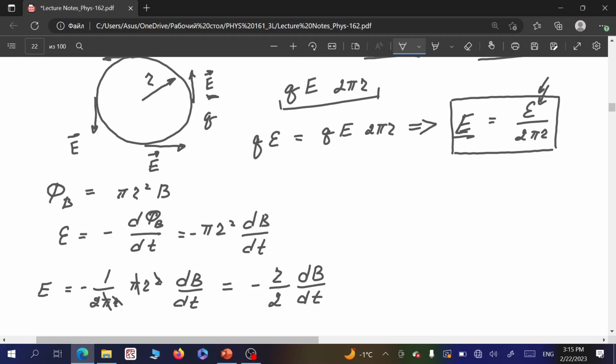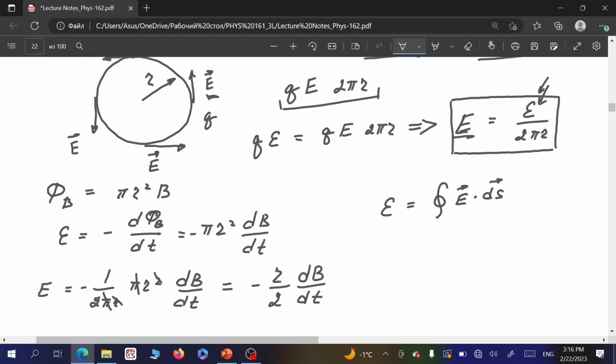What we can write here is that in the general case, if the electric field depends on position, so we don't deal with a uniform electric field, and it could be any type of closed loop which we consider, not just a circle, then the electromotive force will be equal to the line integral over the closed loop of the scalar product of the electric field vector and the ds vector.